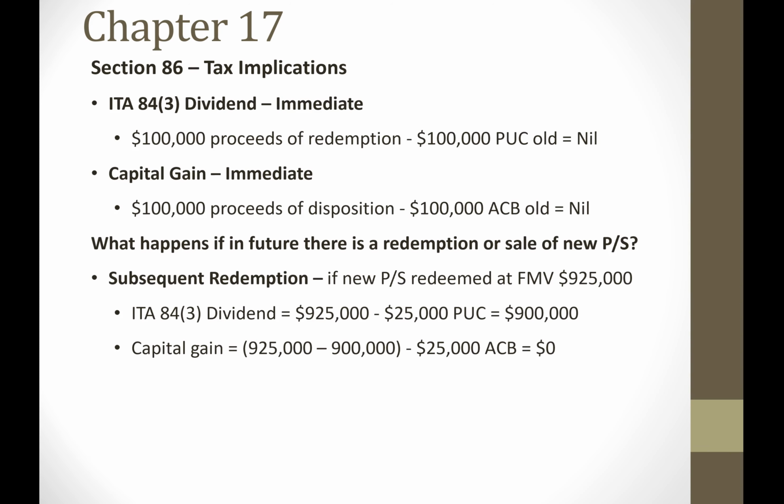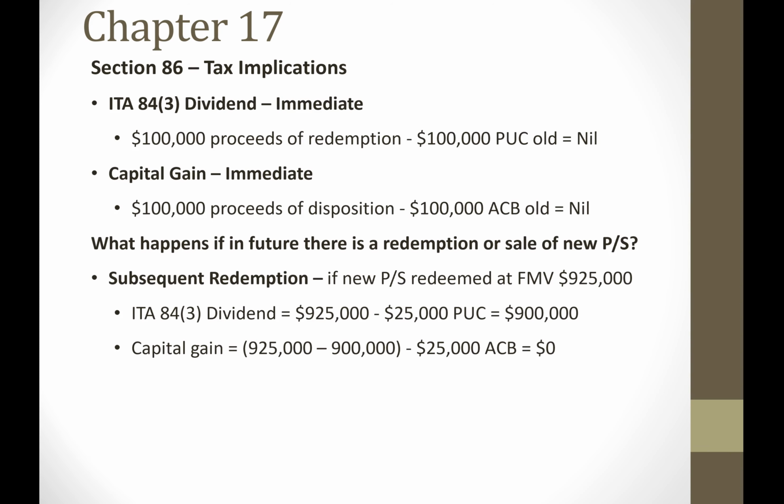That deemed dividend will be proceeds of redemption of 925 minus the PUC of 25, and so Shirley will have a deemed dividend of 900,000. There will also be a disposition. The proceeds will equal the 925,000 minus the deemed dividend of 900,000. So the proceeds of disposition will be 25,000 minus the 25,000 ACB, and so there's going to be no capital gain.